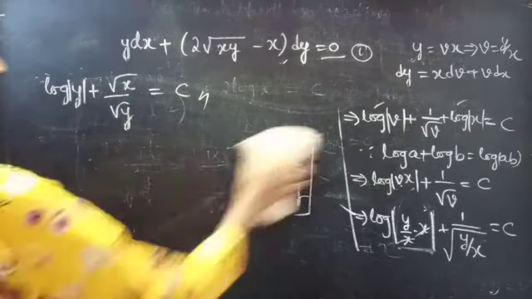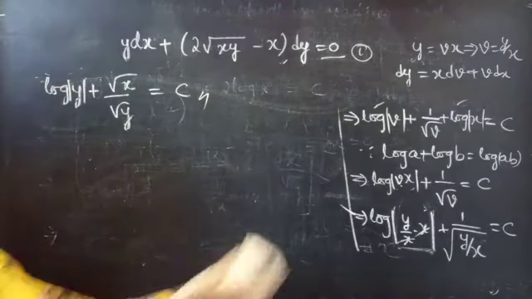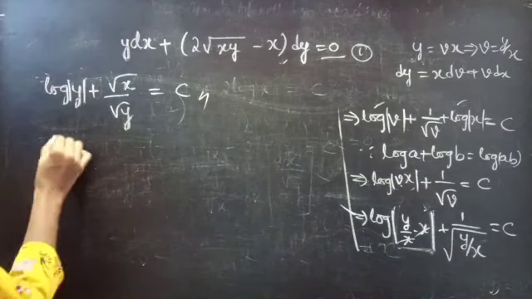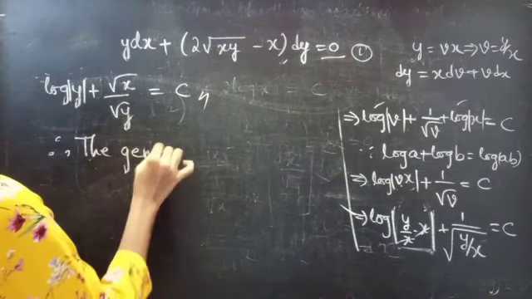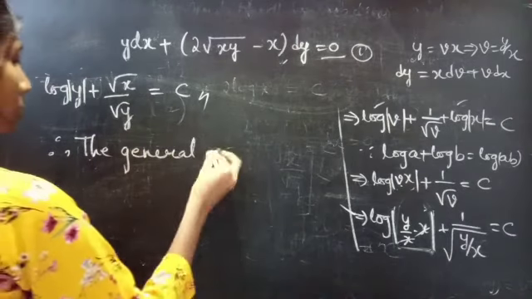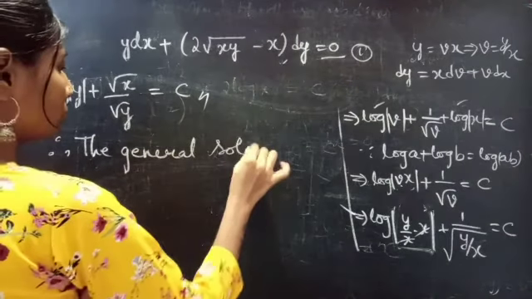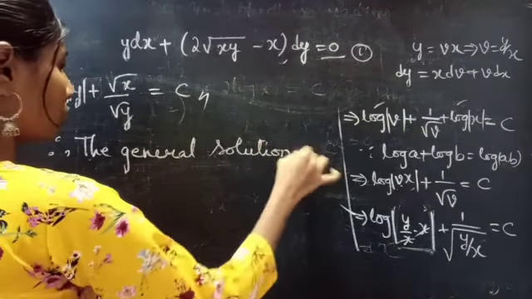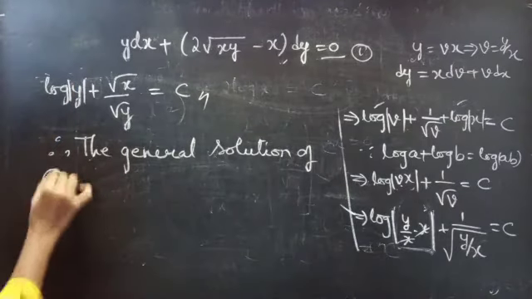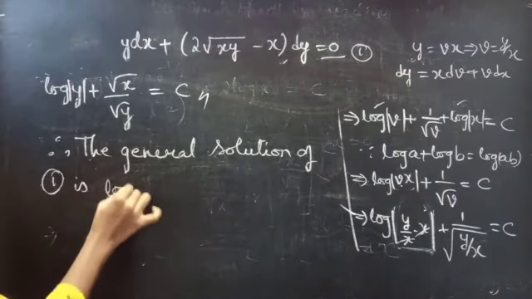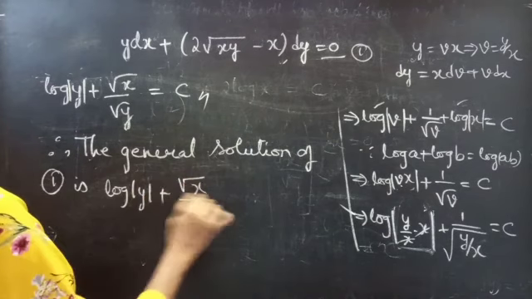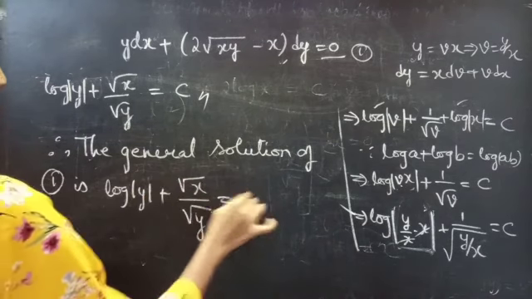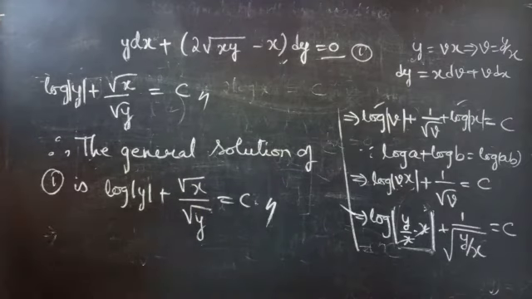Therefore, the general solution of the given equation 1 is log mod y or log y plus square root of x by square root of y equals to c.